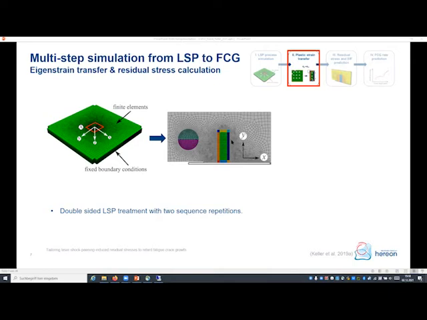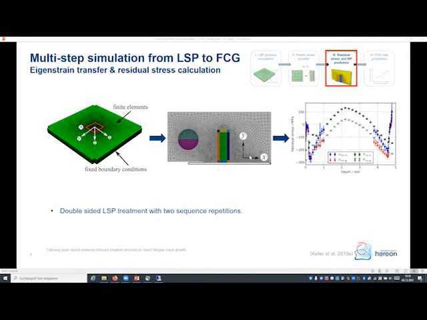Then I get the residual stress distribution, and I compare this to experiments, and I see I have a very good agreement. And what's important here is that this simulation chain I applied did not have any further fitting procedures for this material. So I just used the plasma pressure identified for another material with a different peening pattern, and the material properties from the literature, of course, and then I get a very good agreement of the prediction of the residual stresses.